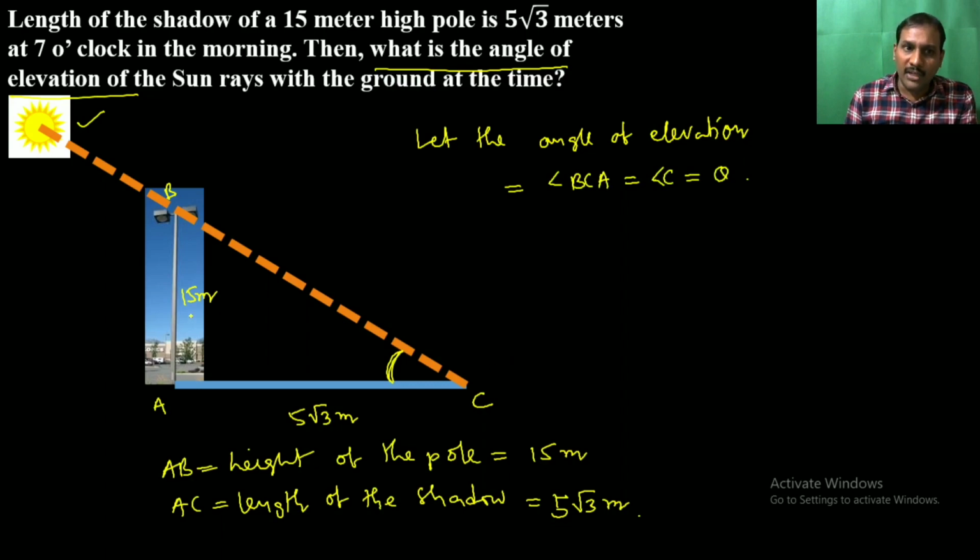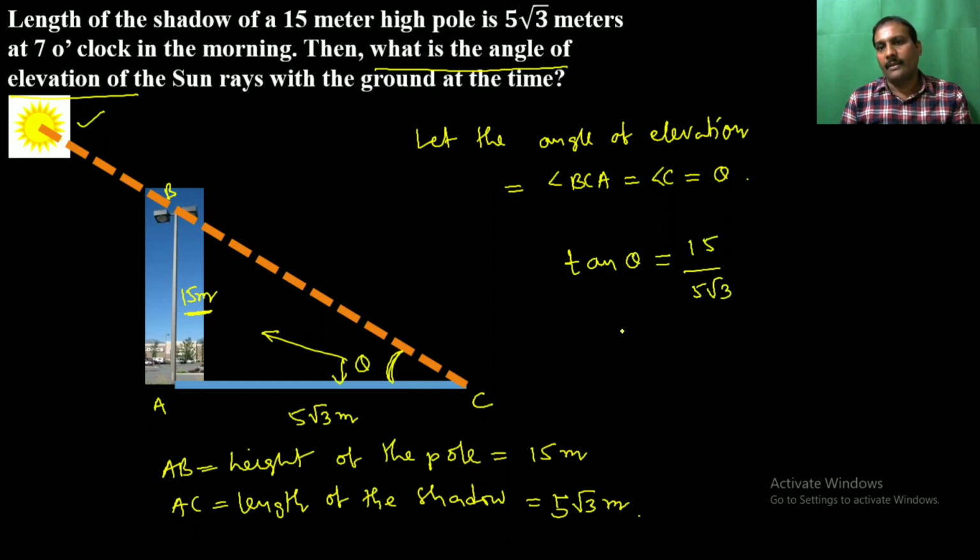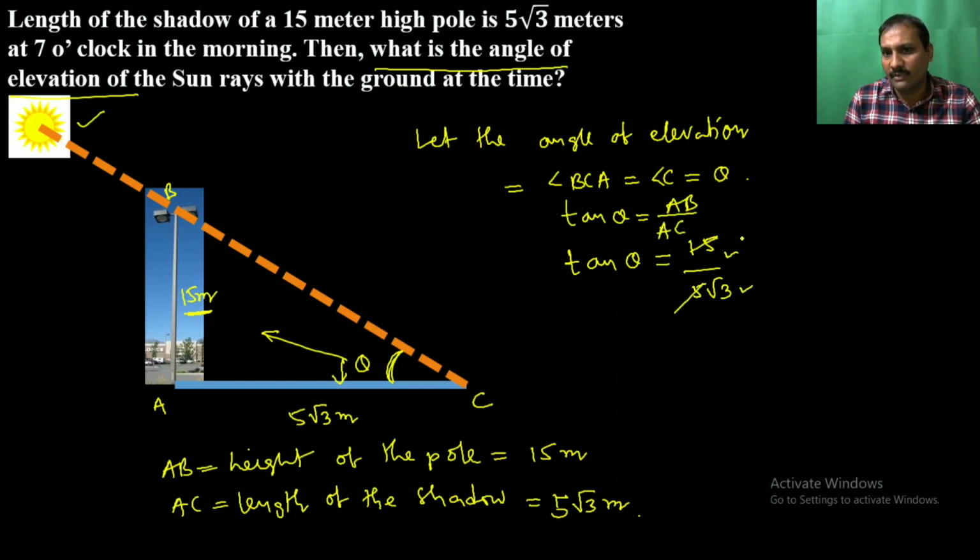Now we know the opposite side with respect to theta, and we know the adjacent side. Now what is the relation between opposite and adjacent side? Tan theta is equal to opposite by adjacent. So you can write it as 15 by 5 root 3, or simply tan theta is equal to the opposite side AB by the adjacent side AC. Now replace these values, 15 by 5 root 3. So 5 ones are 5, 5 threes are 15.